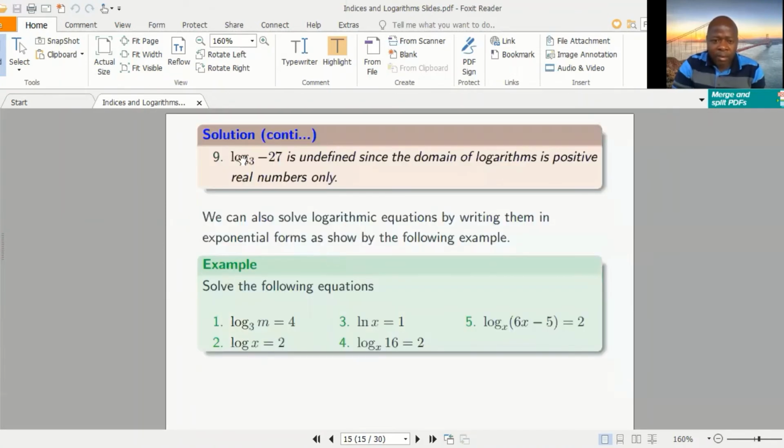I've said that the log of negative 27 to base 3 is undefined. Undefined because you don't find the log of a negative number. That's why I'm saying that it's supposed to be positive real numbers. You only find the logarithm of positive real numbers.